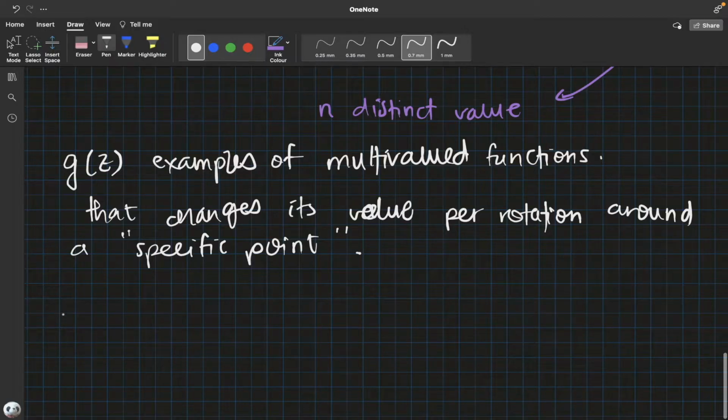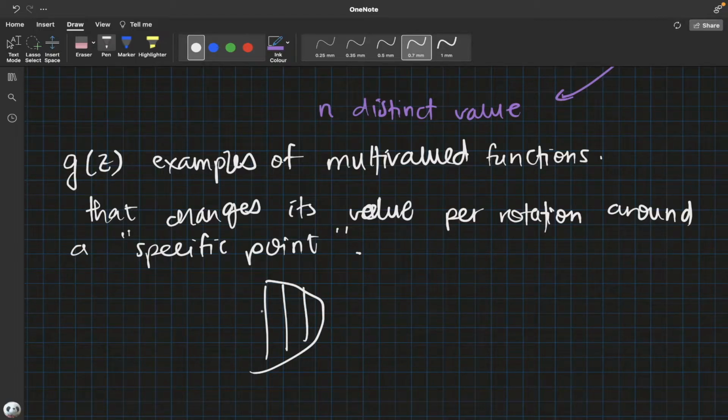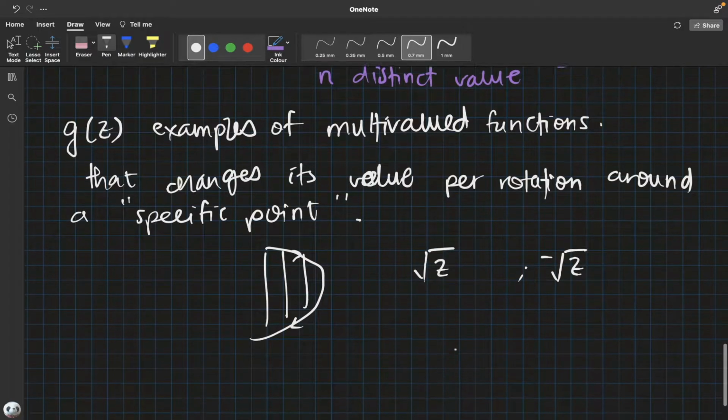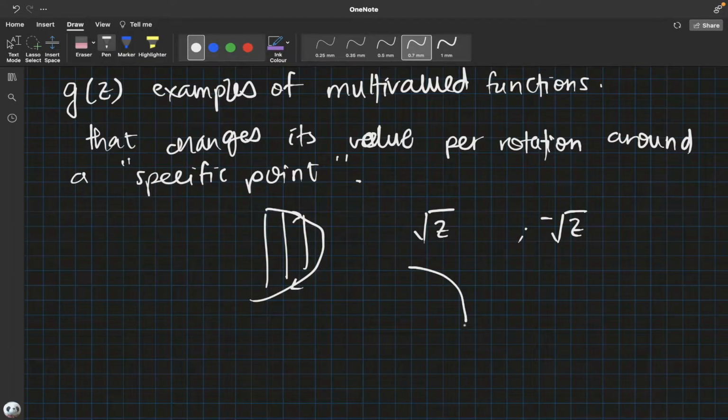Again, one point I want to make is that classically, these functions are not really functions because they don't pass the vertical line test. Take the example of the square root function. At one given time, we just consider one branch, and then we consider the other branch separately, so that we have either this part or that part.